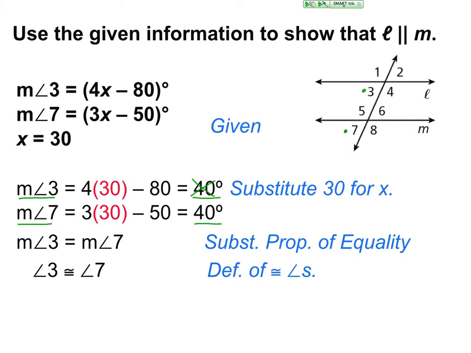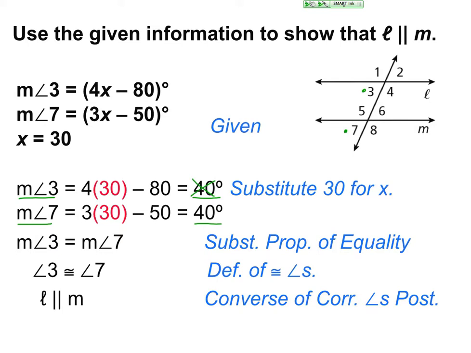Then we have corresponding angles that are congruent right now. So then, what can we conclude? The two lines are parallel. Okay, so L is parallel to M because of, what's the title of what you've been reading? Converse of the corresponding angles postulate. Okay, so that's how we get the lines parallel.